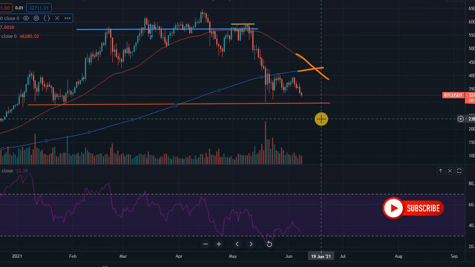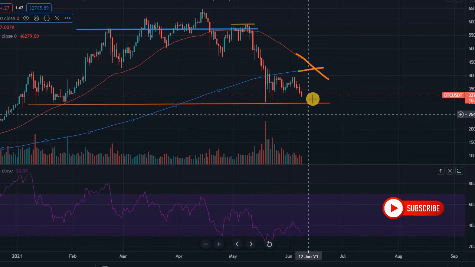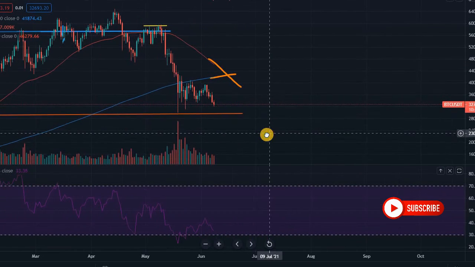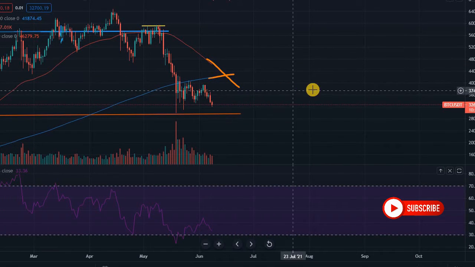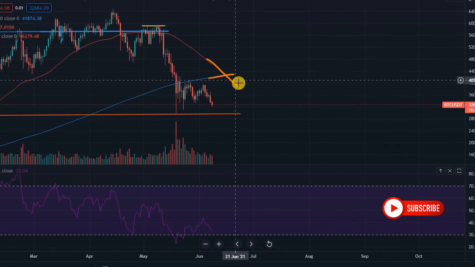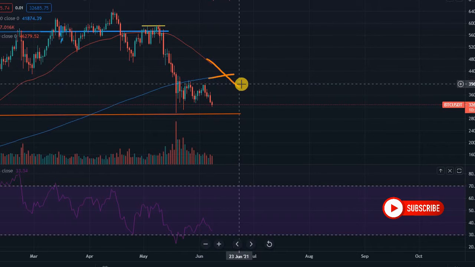So I'm not feeling that we are going in a long bear cycle, but I feel like even after making this death cross, we are slowly going to continue the move, and then in the coming months we'll again cross back the 200 days moving average.